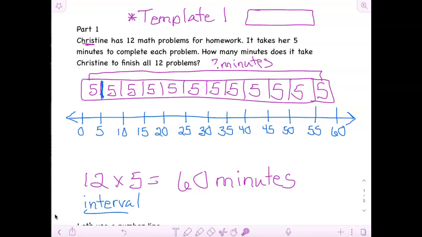How about 11 problems? Let's see how long it takes her to do 11 problems. 5, 10, 15, 20, 25, 30, 35, 40, 45, 50, 55. It takes her 55 minutes to complete 11 problems.